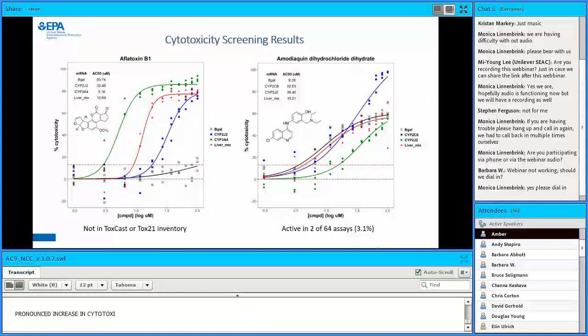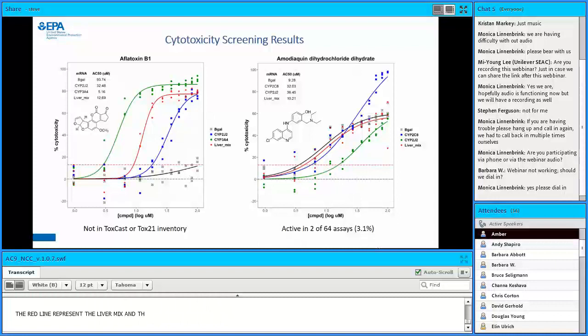The second compound on the right is amodiaquine, and this is a kind of interesting result. The 2 lines in the middle, the black line and the red line, represent the liver mix and the beta-gal transfected cells, so the cells with no CYPs.